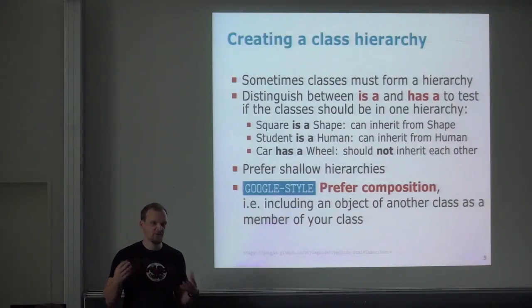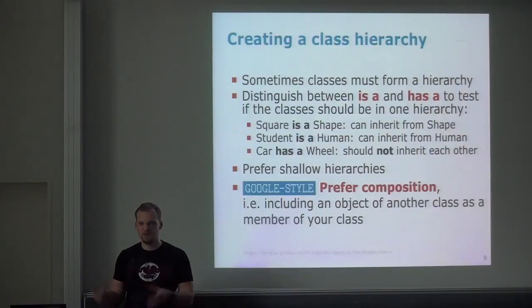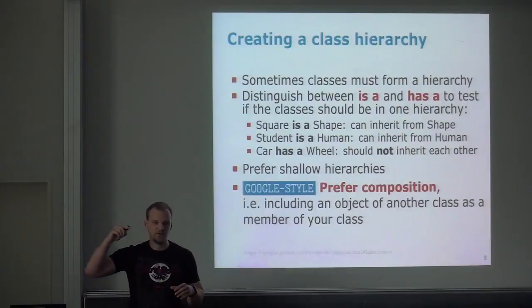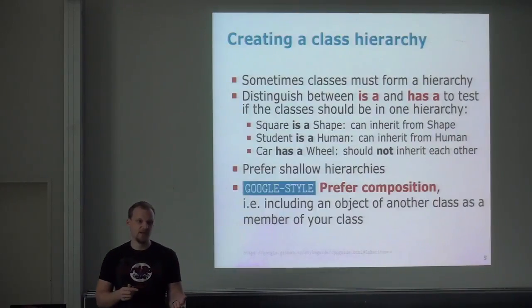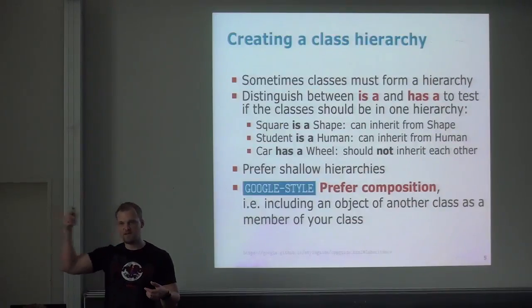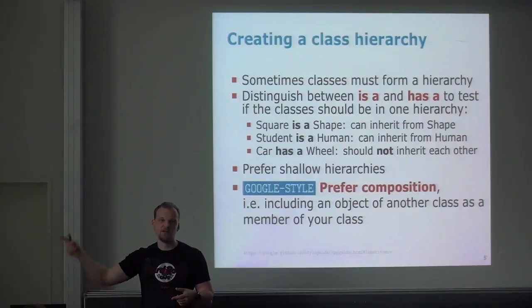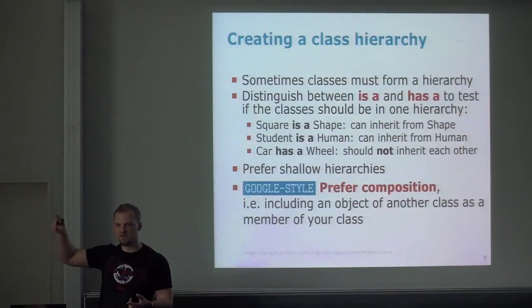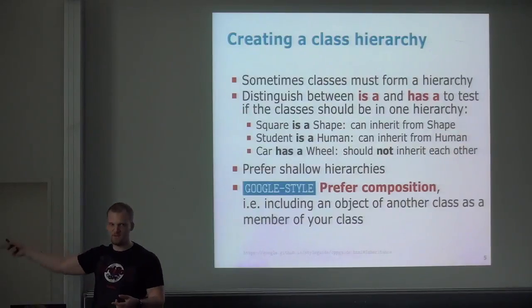Even though it makes sense logically, from the coding perspective it hides the implementation details that you care about very deep in the hierarchy. When I'm looking at the class that implements, say, the students of this particular class, and you inherit from just a generic student, to find something that is hidden in that class, I need to navigate to another file and read it there, and then suddenly I find that it's not even there, it's actually in the human class, so I need to find that human class, and so on.